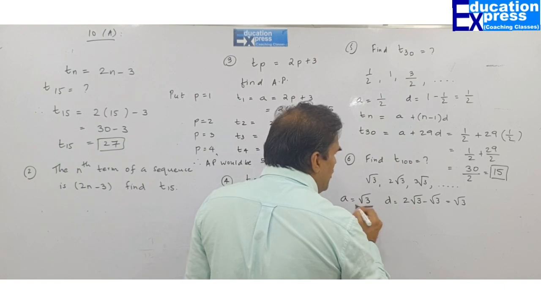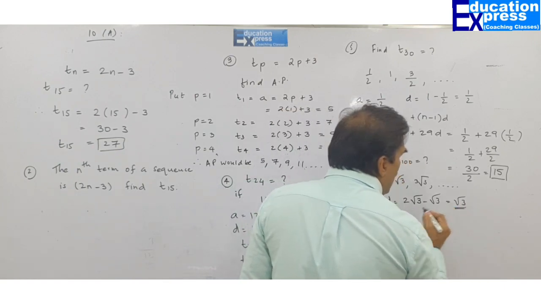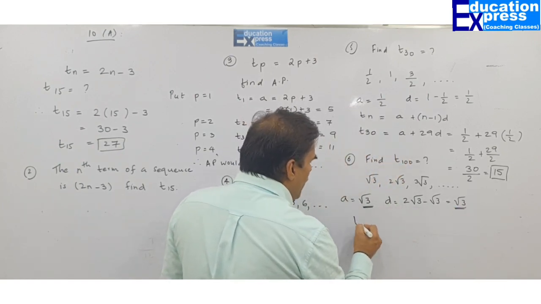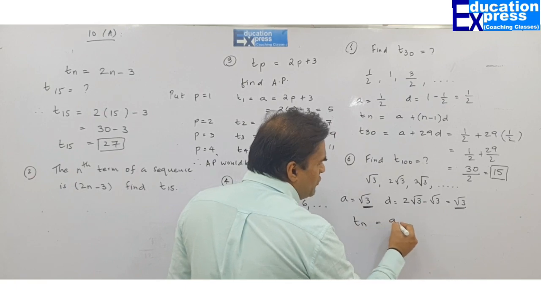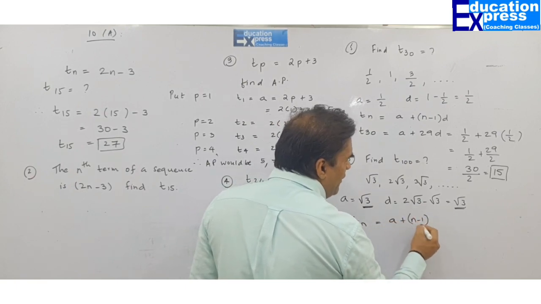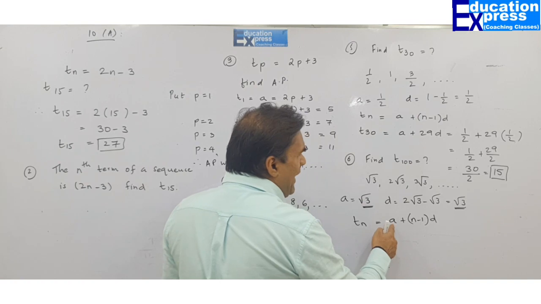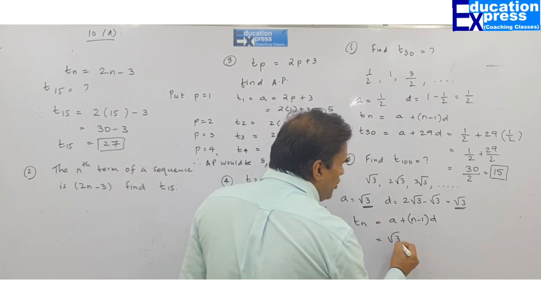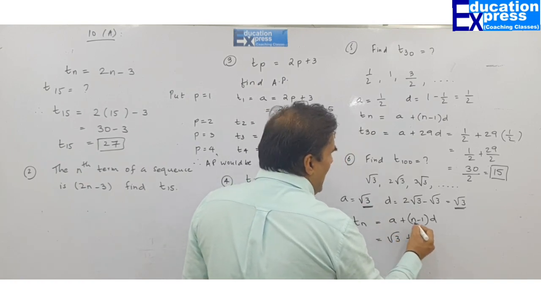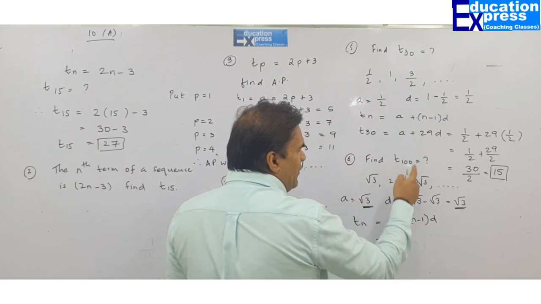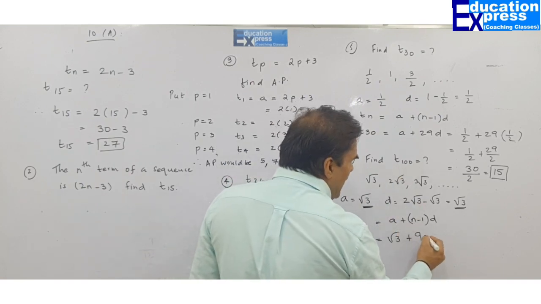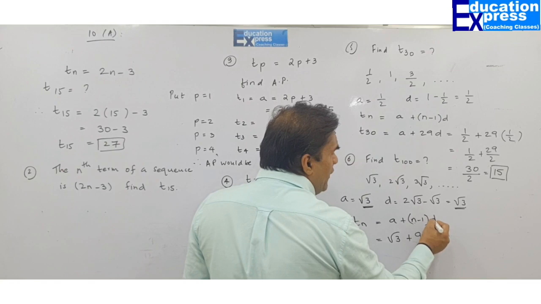So we have the value of A, we have the value of D, we know the formula of Tn, which is equal to A plus n minus 1 into D. What is the value of A? So root 3 plus n. We know the value of n is 100. 100 minus 1, 99. What is the value of D?